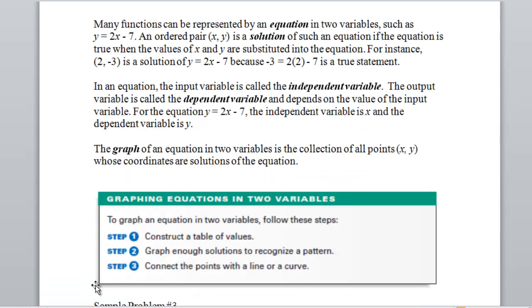So let's take a look at how we would determine if these equations are representing a function or not. If we want to graph any equation and determine whether it's a function or not, all we have to do is create a table of values.